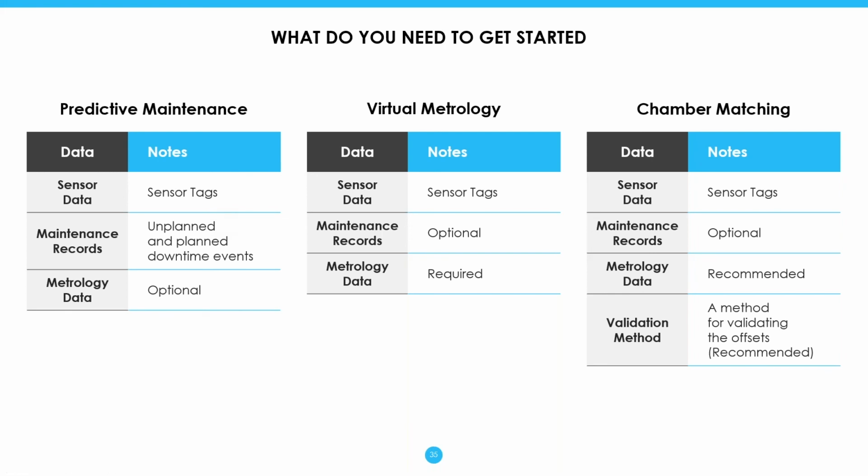Specific to plasma etching equipment, it would also be great if you can have the optical emission spectroscopy or OES data handy. For virtual metrology, you would need not only the sensor data, but the quality or metrology data measurements as well. And finally, for chamber matching, the key additional requirement would be a way to test and validate the adjustments are working as expected.